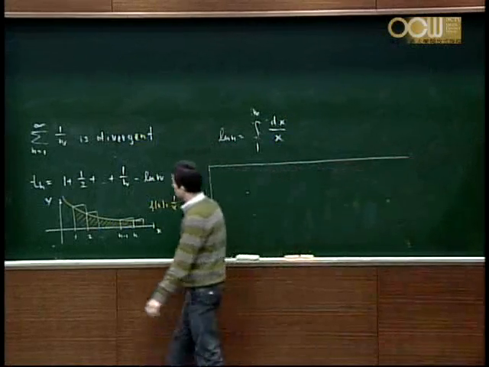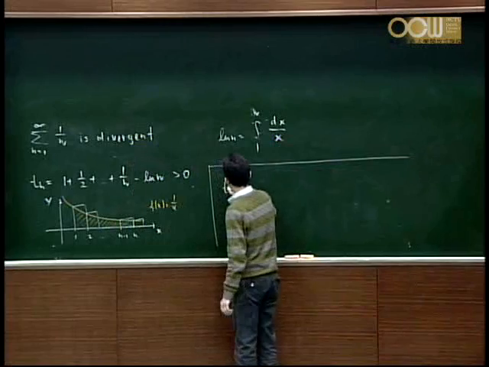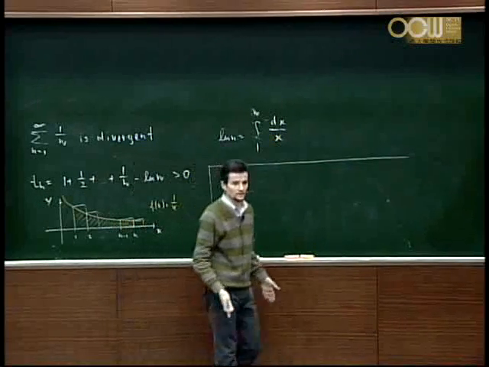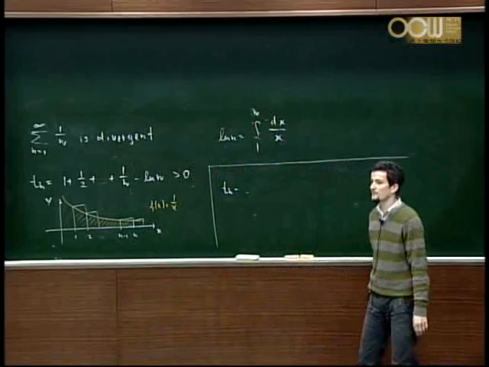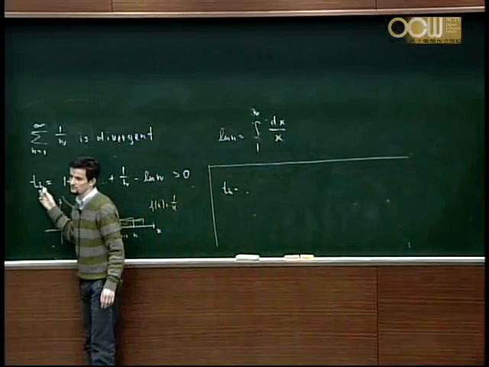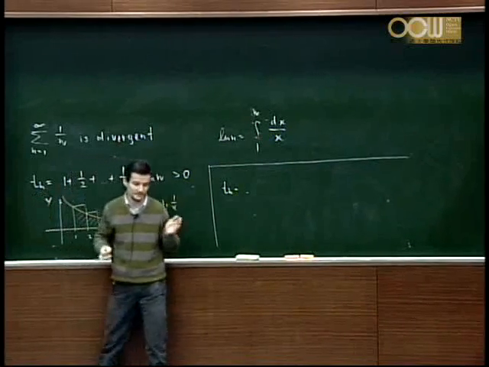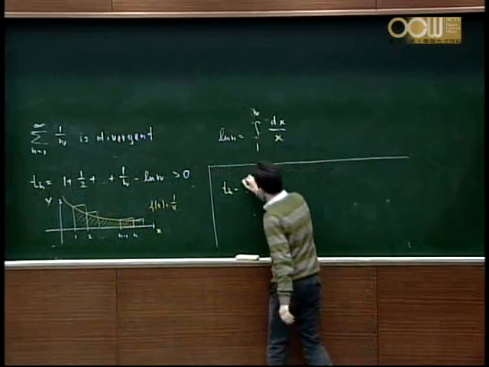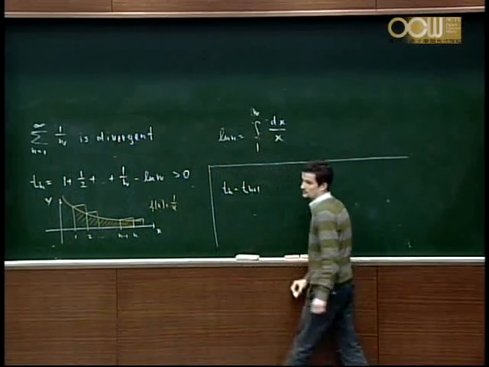Now, what we want to look at is the following. We want to understand whether this sequence is bounded from below. We want to understand whether this sequence has any monotonic properties, so maybe it is decreasing or increasing. That's why we look at Tn minus Tn plus 1.